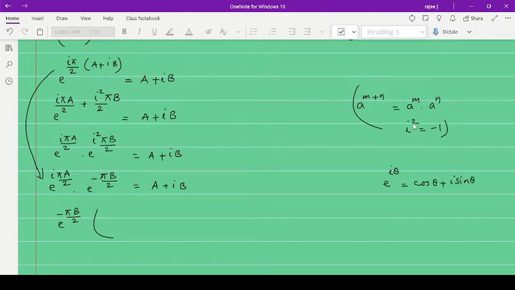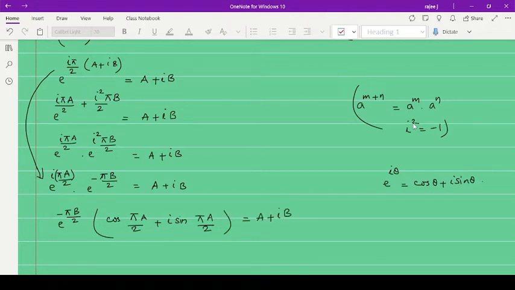So this is the theta here. Theta is this one. So that will be cos pi a by 2 plus I sin pi a by 2. Okay, this is I theta is cos theta plus I sin theta. Equal to a plus ib.